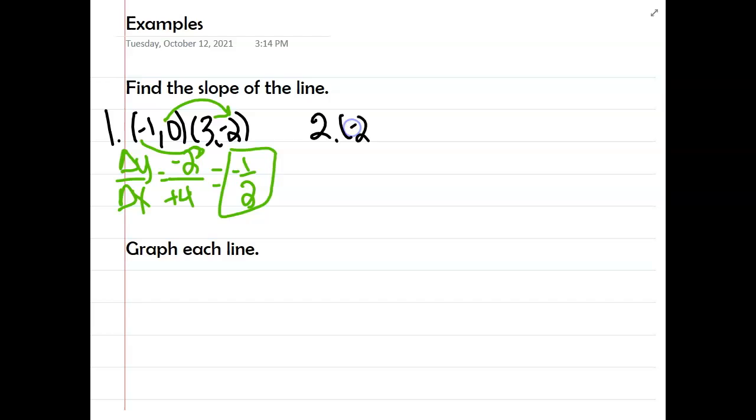Number 2, let's do negative 2, comma 3, negative 4, comma 7. All right, so change in y over change in x. So my change in y from 3 to 7, what's that change? Plus 4.